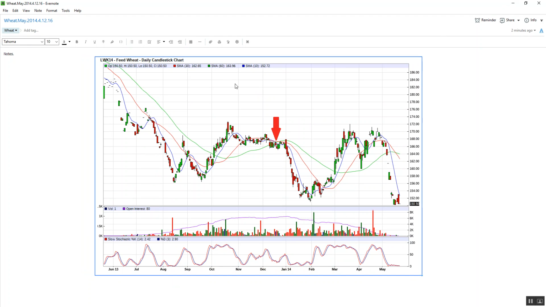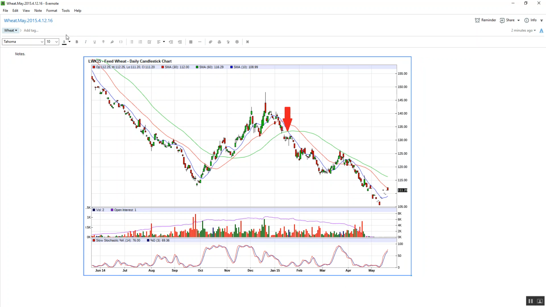In 2014, you can see this happened in mid-December when the red line crossed the green line, the 30 crossing the 60-day, and you can see we then fell right away from 166 down to 150.